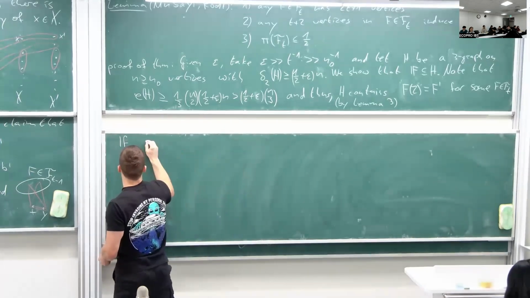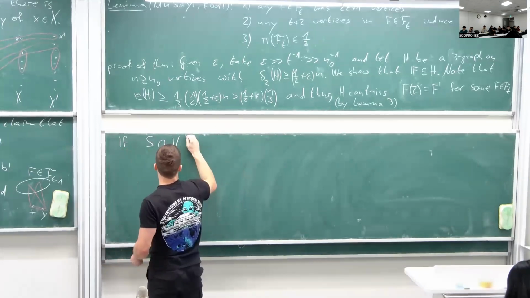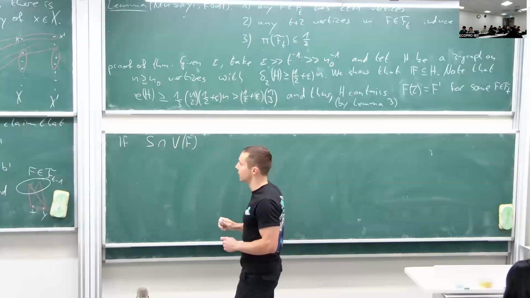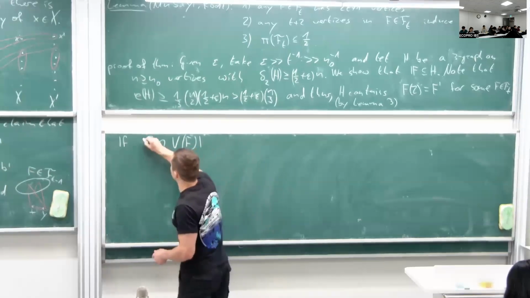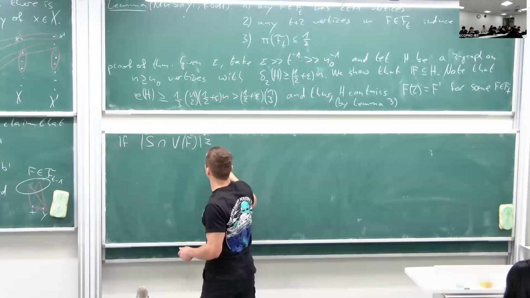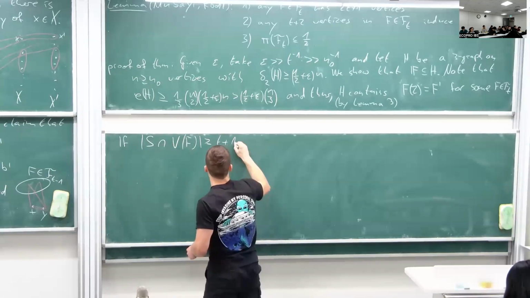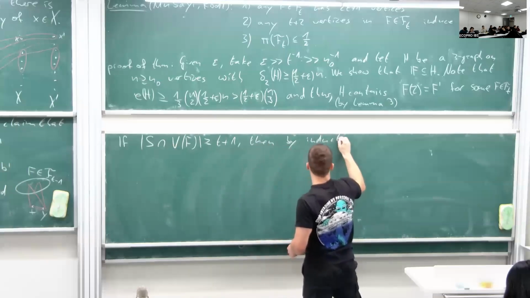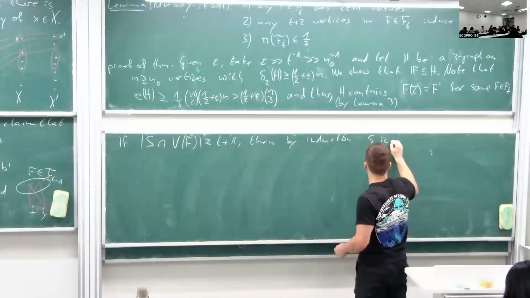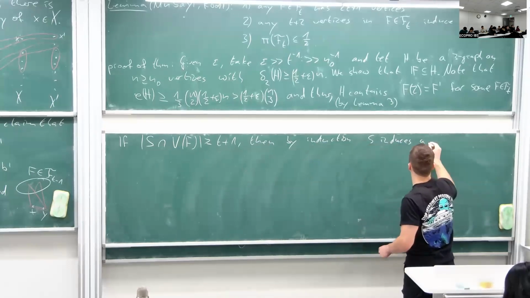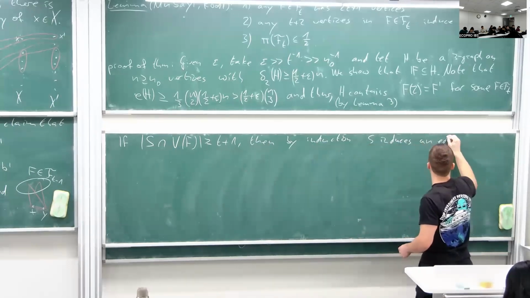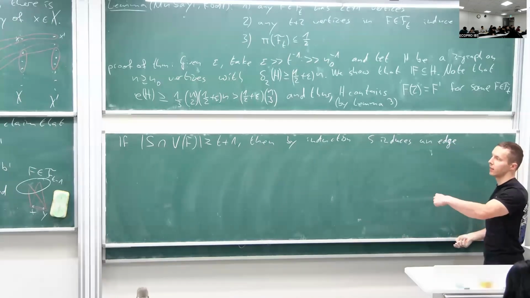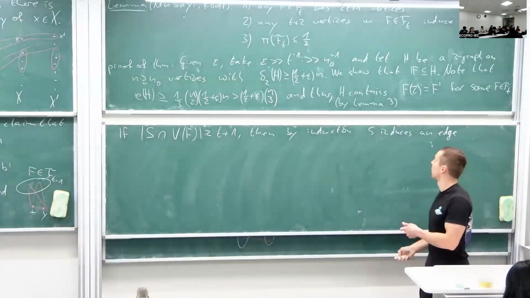If S intersects the vertex set of F, which was, remember, in F_{t-1}, if this intersection is of size at least T plus 1, then by induction S induces an edge, which is an edge in F, but F is a subgraph of F prime.